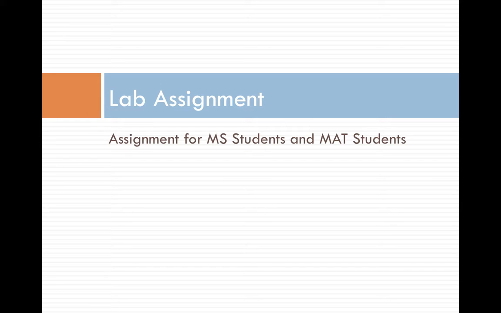So I want you to take some time and look ahead and read through that lab assignment, whether you're an MS student or MAT student, and start to see what ideas you have, what questions you have, and feel free to talk through it with me and ask any questions. I want you to go into that lab assignment prepared, but the first thing you'll need to do is read.